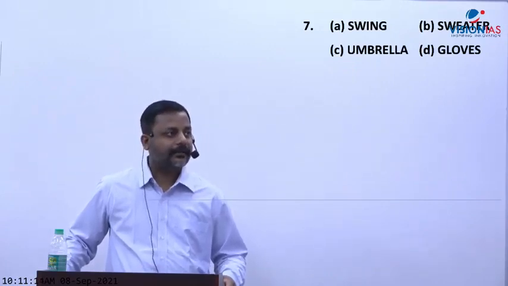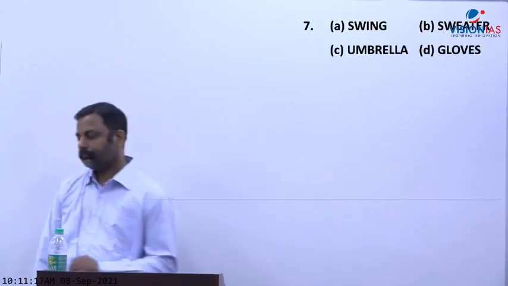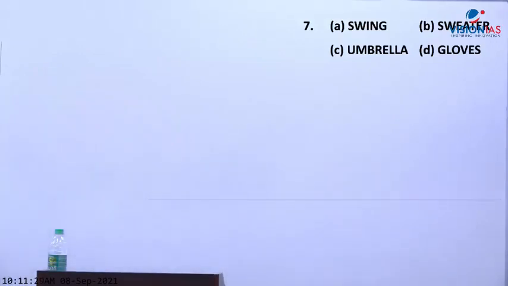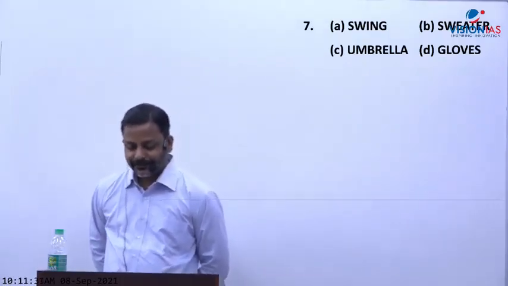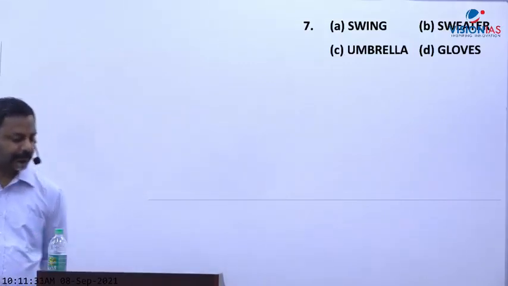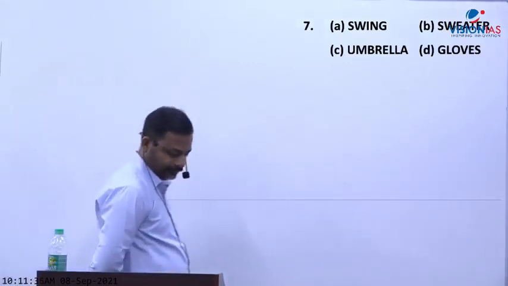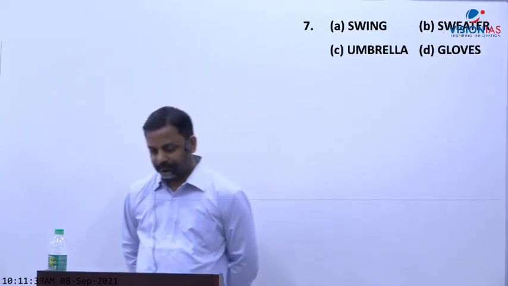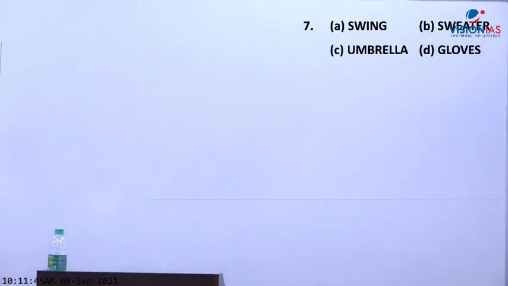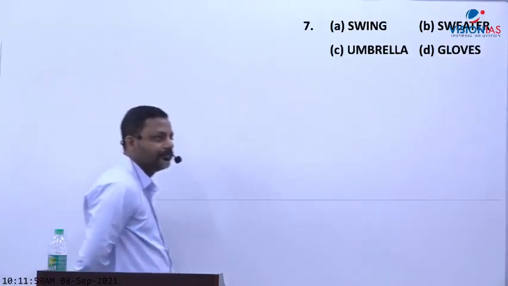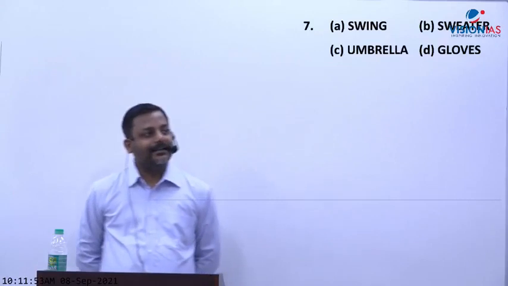Okay, now 7. Umbrella used in summer. No, you can't say like that. Swing, sweater, gloves and umbrella. Okay, someone is saying gloves also.